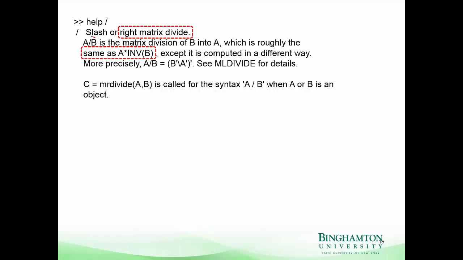It's saying that A right matrix divide B is the same as taking A and multiplying it times the inverse of B. Again, except it's computed in a different way, which is a little bit better from a computational point of view. And it's warning you that in some cases when A or B is what we call an object, we have to use a function call rather than the symbol.